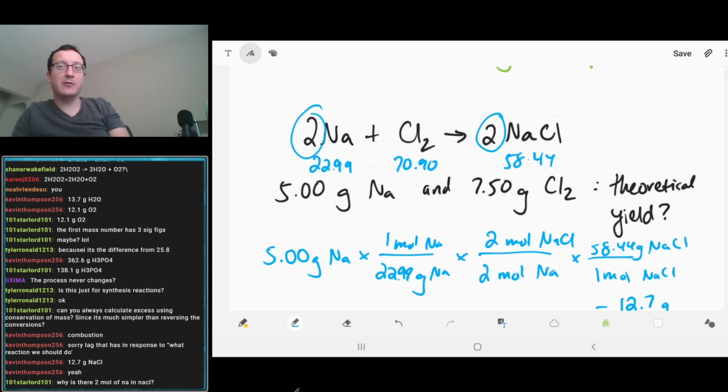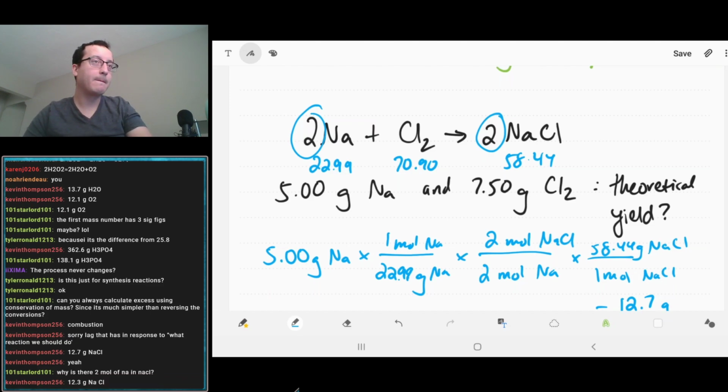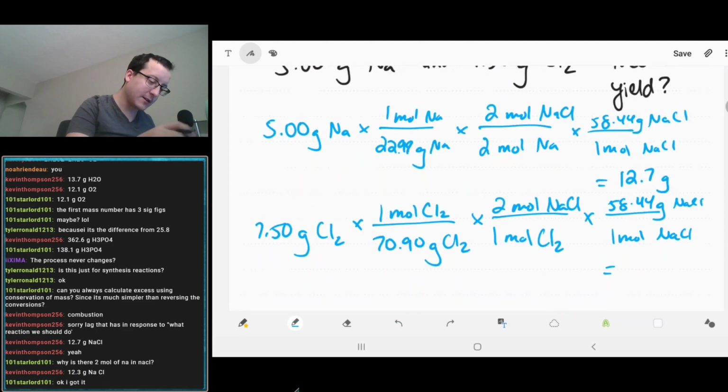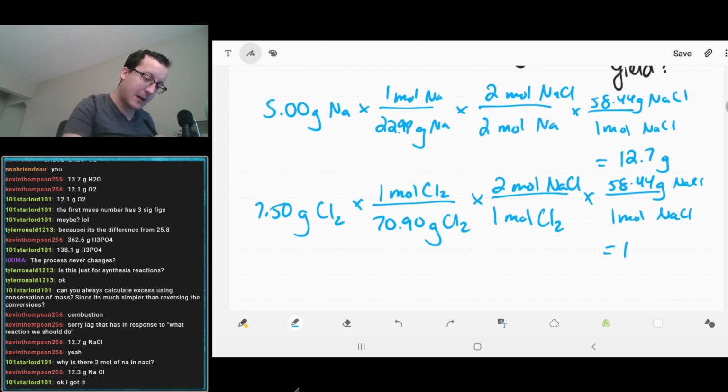It's the same thing as 1 to 1. But it's always good practice to write out your full coefficients even if they are equivalent to each other. So hopefully that makes sense, Star-Lord. They're just the reaction coefficients. Cool. Okay, so I'm just going to delete those circles. Okay, cool. And then, boom.